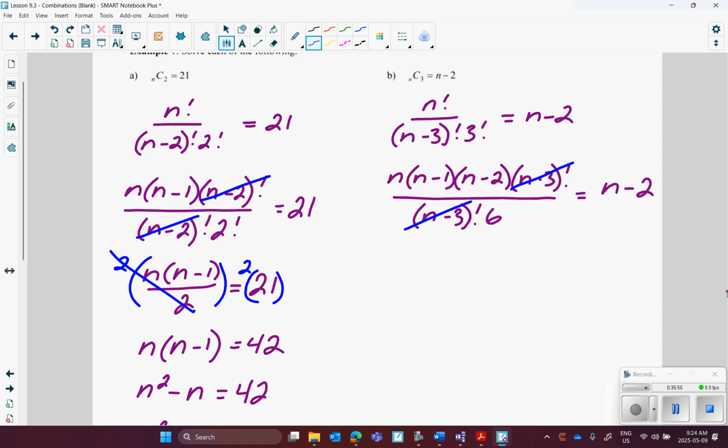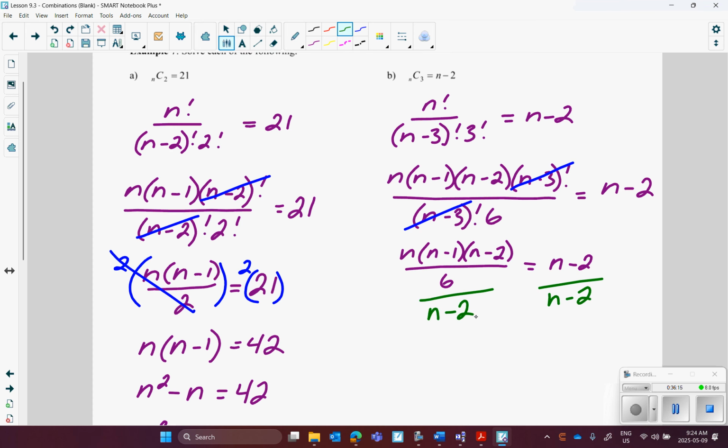So I'm left with n times n minus 1 times n minus 2 divided by 6 equals n minus 2. If I divide both sides by n minus 2, it will take out those.